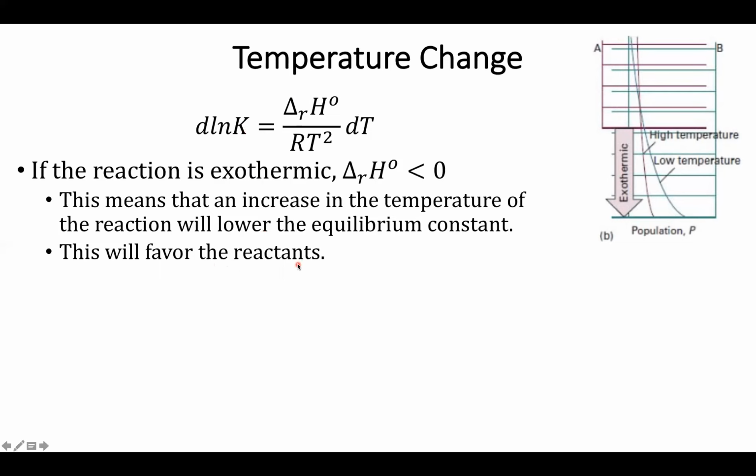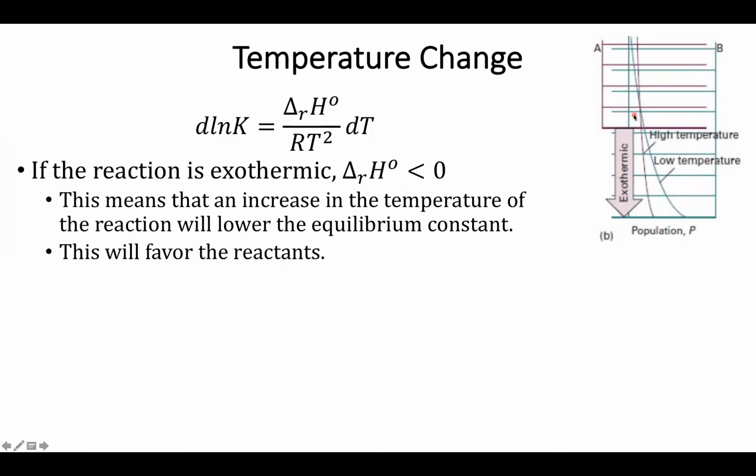And we can also examine this same idea from a more kind of statistical mechanics perspective. So if I have an exothermic reaction, it means my reactants are higher in energy, which means at low temperatures, I don't want to be at the higher energy state.